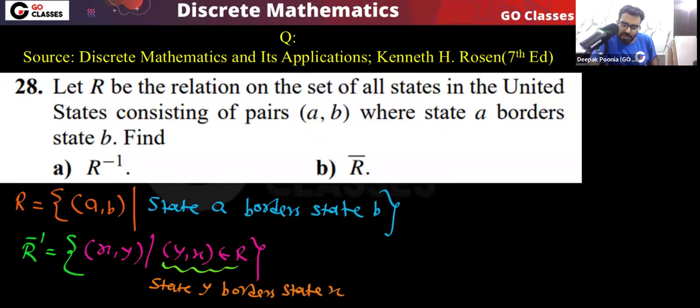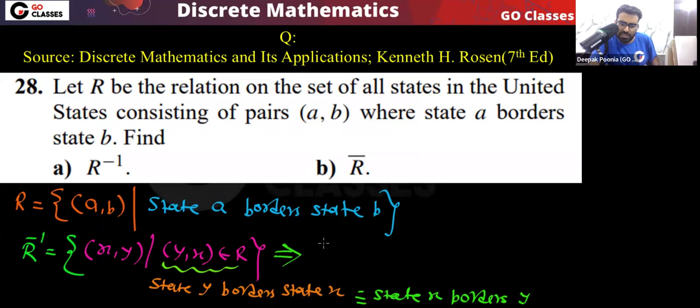So you can see that state y borders state x is the same as state x borders y. And how do I write state x borders y? That means x related to y.